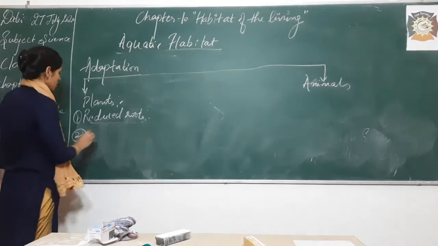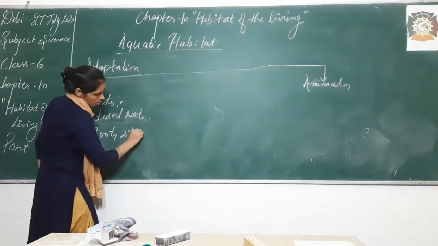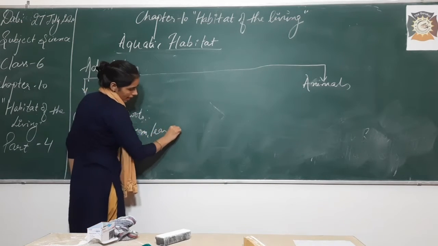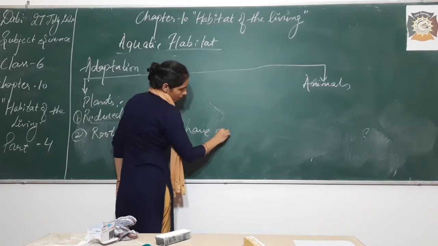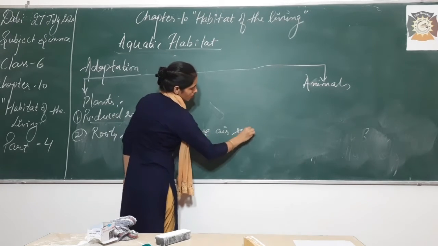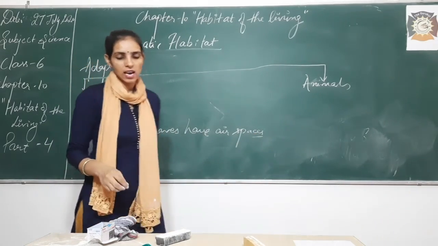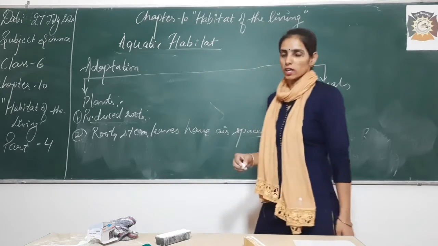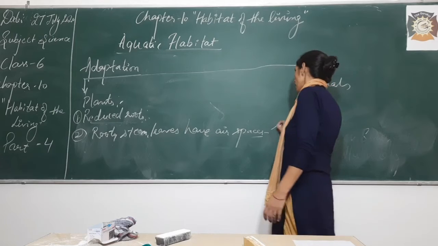Next feature is the roots, stem or the leaves, they have air spaces. With the help of these air spaces, they can survive under water, and these air spaces help them to float in water.